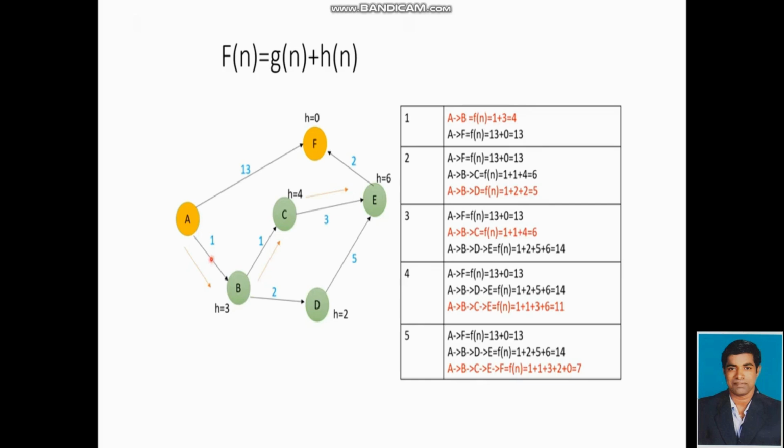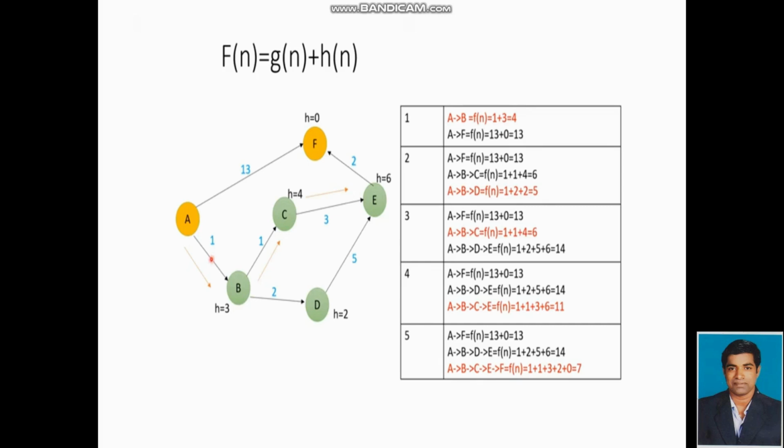And A, B, C, E is 11, which we carry to the next iteration 5. There we choose the path A, B, C, E, F.